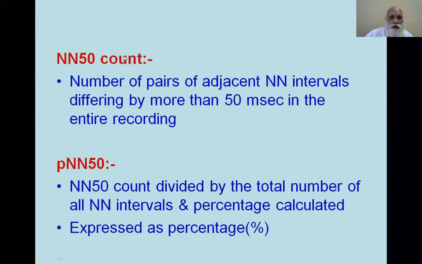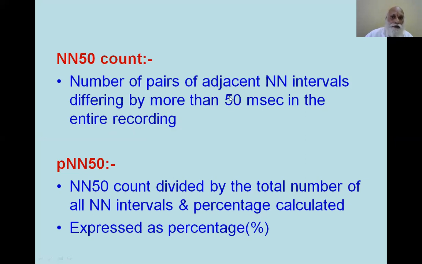NN50 count. You count something. What is this 50? 50 represents 50 milliseconds. Over the entire recording, be it a 5-minute or 24-hour recording, essentially it should be a long-term record.